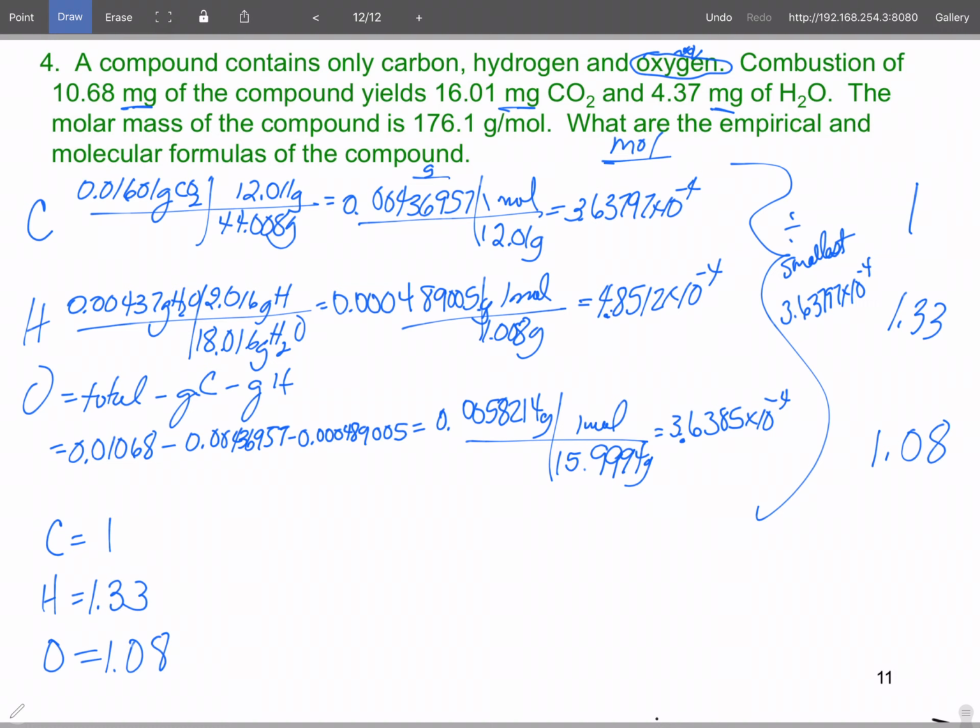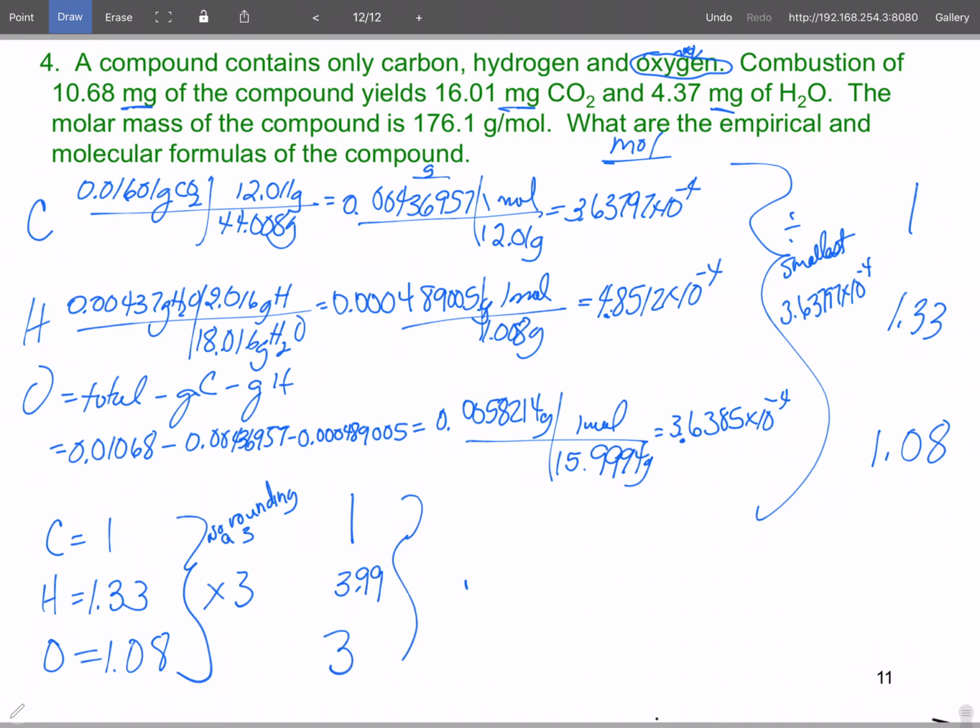Now, I cannot round, okay? No rounding, because you cannot round a 3. So we're going to multiply by the nearest number. Well, what number multiplied by 3 will give you a 1 or a 9? And you're like, 7. Okay, yeah, that too, but 3 would be the smallest. So we get 3, we get 3.99, and we get 3.